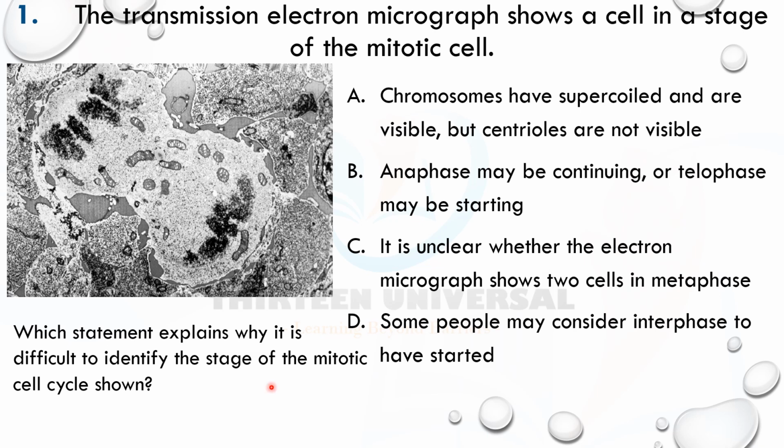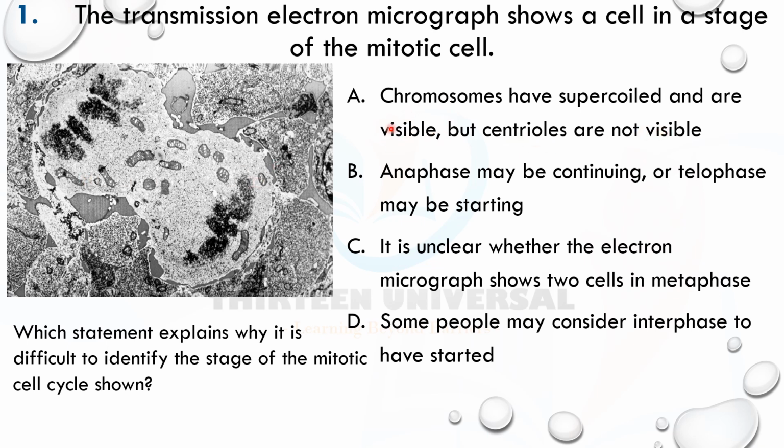All right, now you are back. Which statement explains why it is difficult to identify the stage shown? Let's go to option A: chromosomes have supercoiled and are visible, but centrioles are not visible. We don't need centrioles to identify it here.